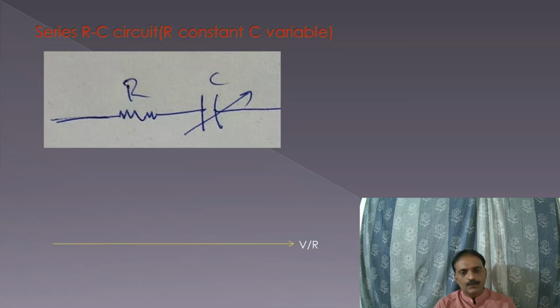So this is what actually we are going to have. And slowly as the capacitive reactance increases, the power factor is going to lead, unlike for inductance, and the magnitude is going to decrease, because as the reactance increases, obviously the impedance also increases.